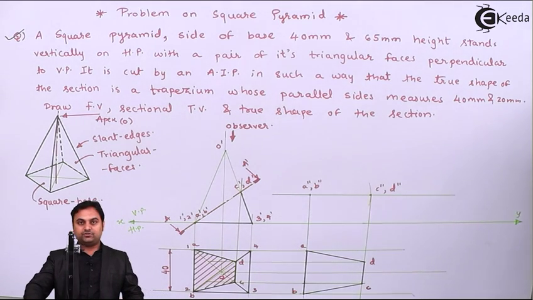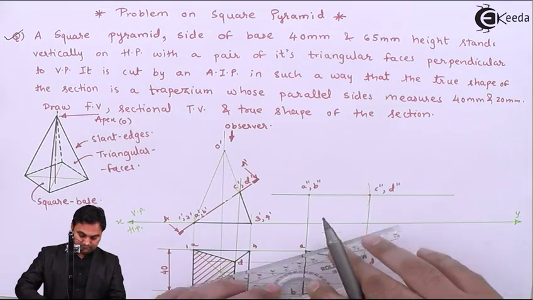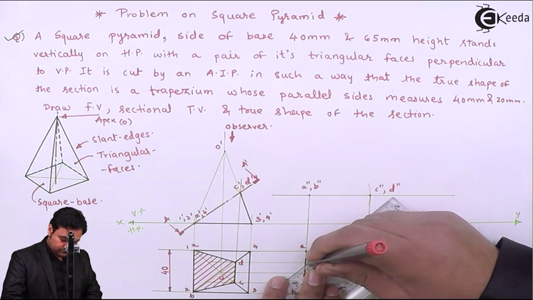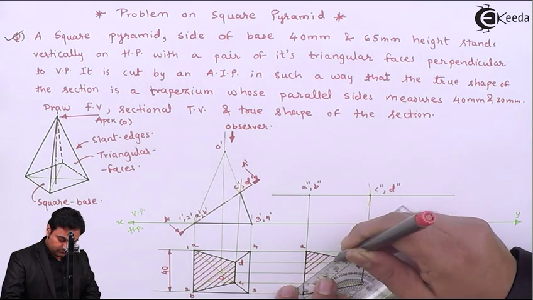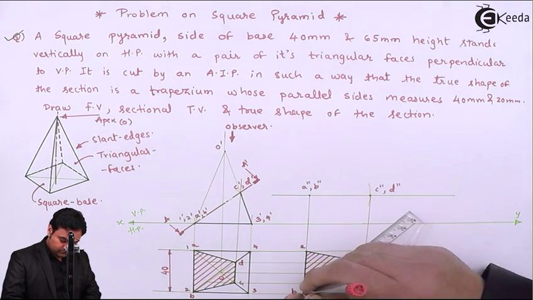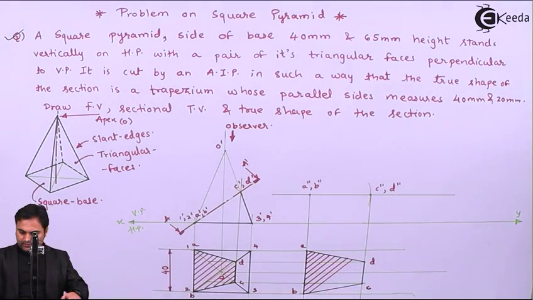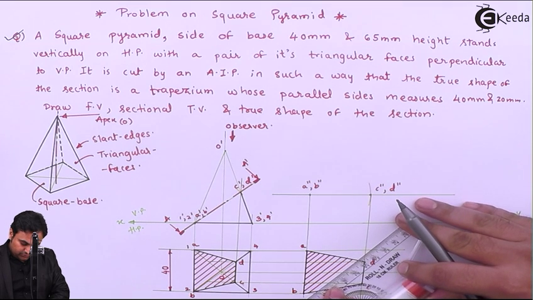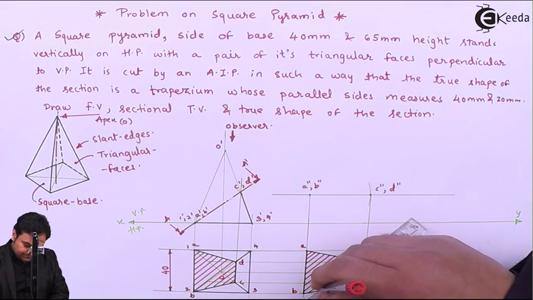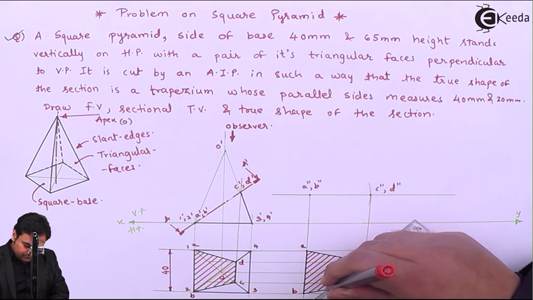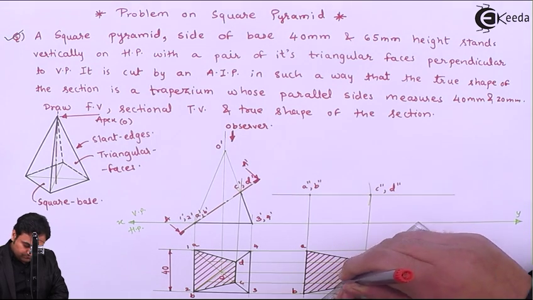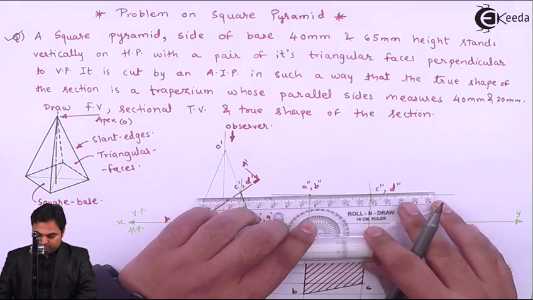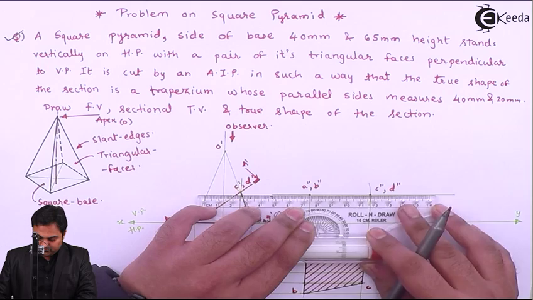Then drawing section lines through it. So here I am drawing the section lines inclined at 45 degree onto the true shape of the section. Making the section plane dark.